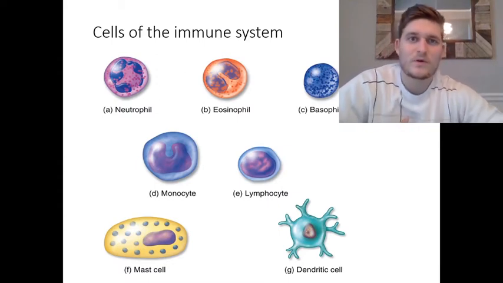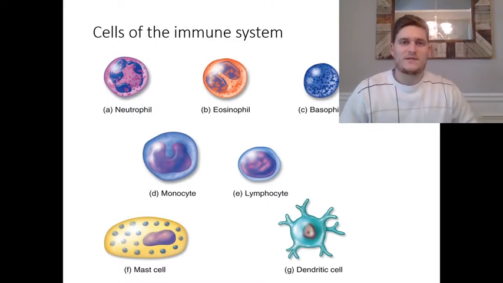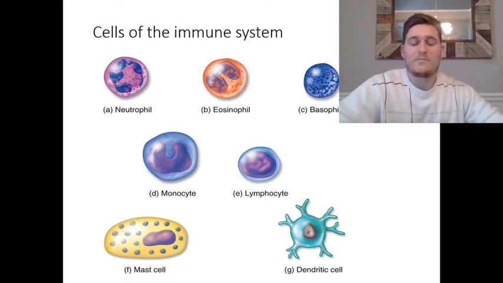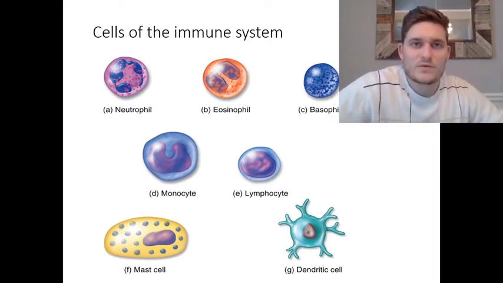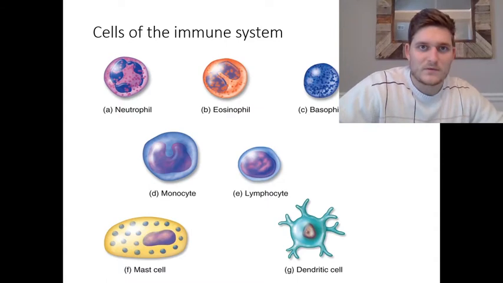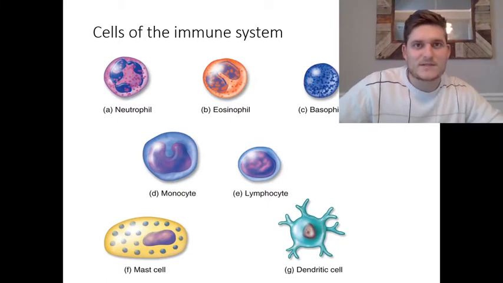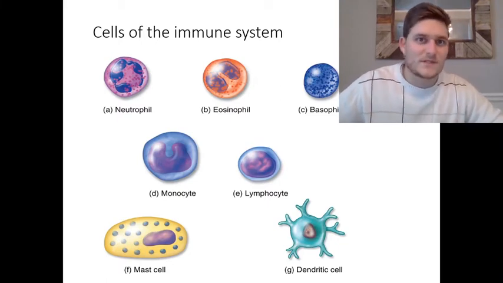And so we'll go through each of these and the different functions that they carry out, and basically what sort of mechanism they use in order to get rid of either old or damaged things in our body or against different invaders, against different pathogens, against different viruses or bacteria.